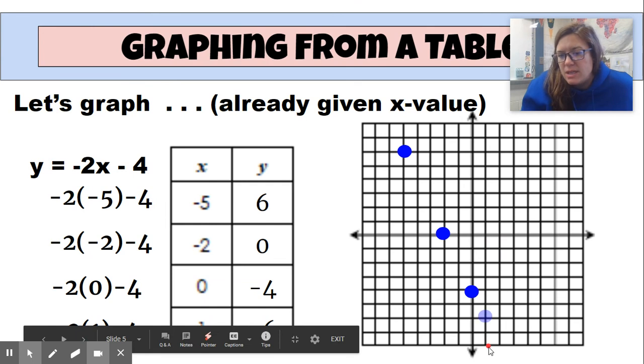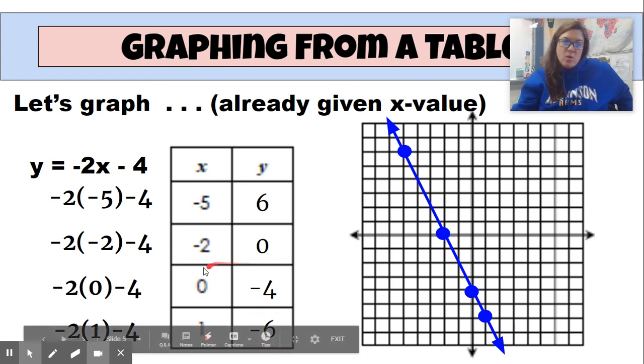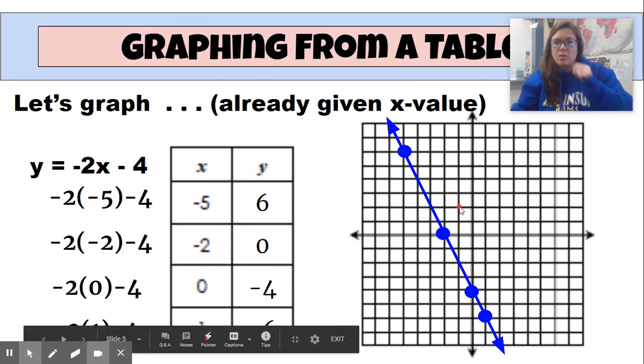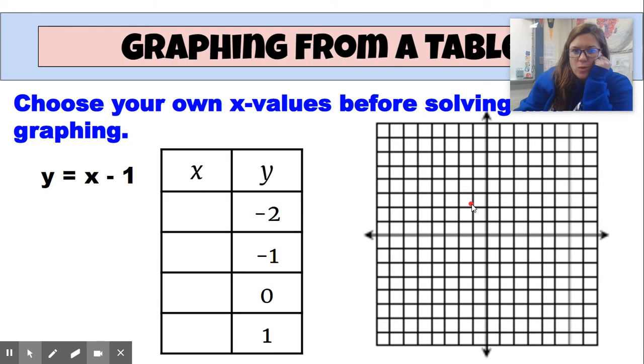Right 1, down 6. Then I'm going to connect them with a line and have arrows at the ends. So I'm going from an equation, making an XY table so that I can figure out what the points are on the coordinate plane. Okay, that's graphing from an equation or a rule.